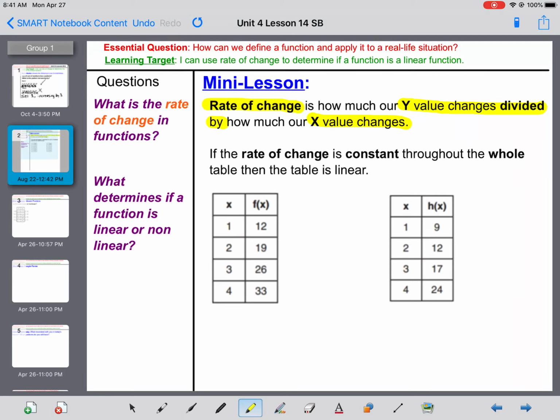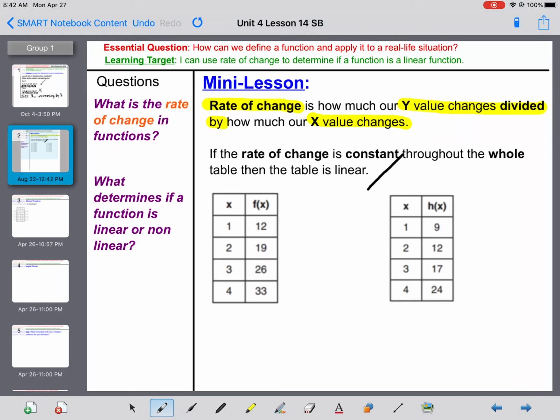If the rate of change is constant throughout the whole table, then the table is linear. So if it keeps increasing by the same number, just like we took a look at the brain starter, that means that the table is linear. That means that the line on a graph would be a straight line going from left to right.